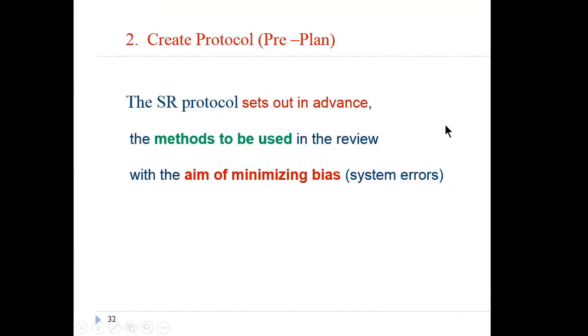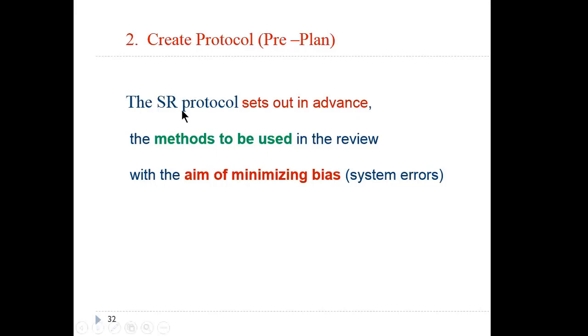Right. So now we will start the methodology in detail. We went through the assess need, the first part, and now the second part is creating the protocol. That is the pre-plan for the entire process.